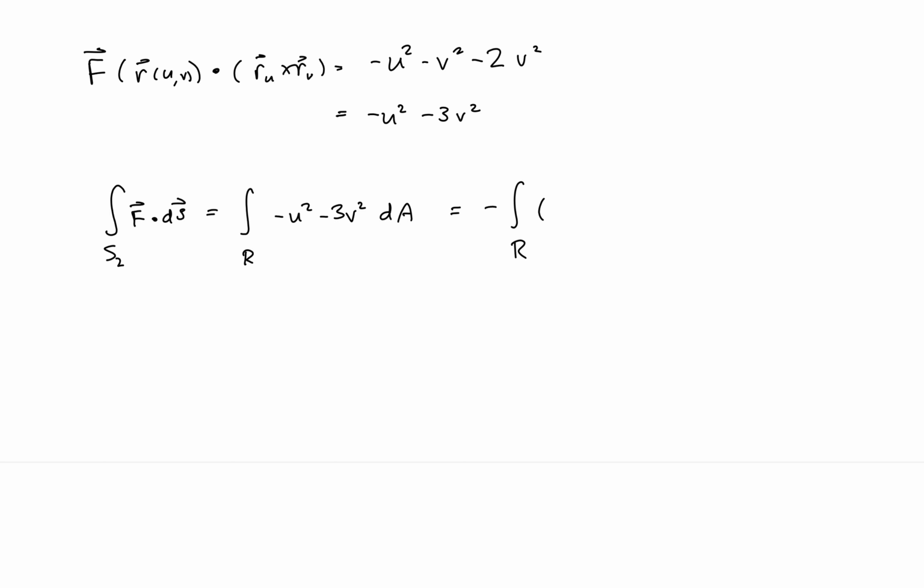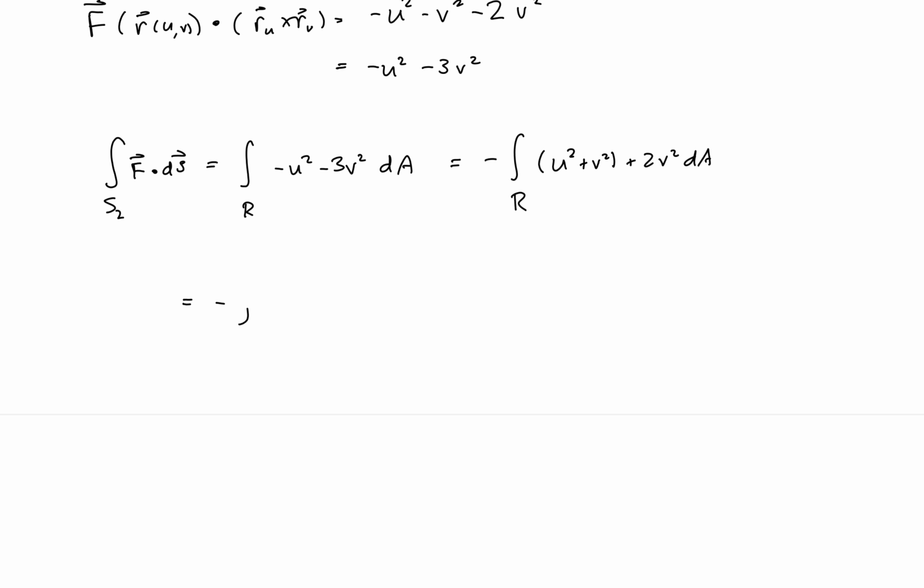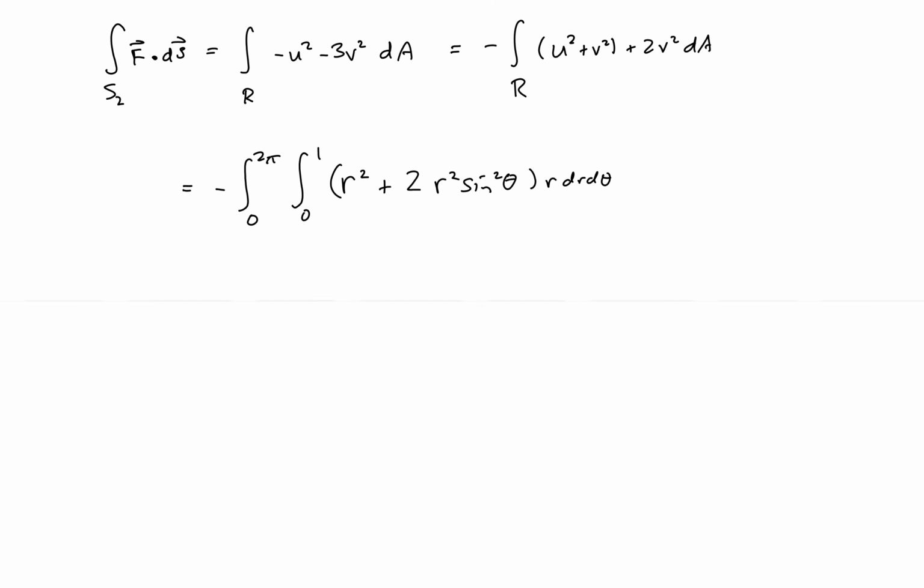So let's bring out a negative. And first we can write this as u squared plus v squared plus 2v squared dA, and then change this to polar coordinates. So I'm going to get r squared plus 2r squared sine squared theta, r dr d theta, where we're using v as r sine theta and u as r cosine theta.